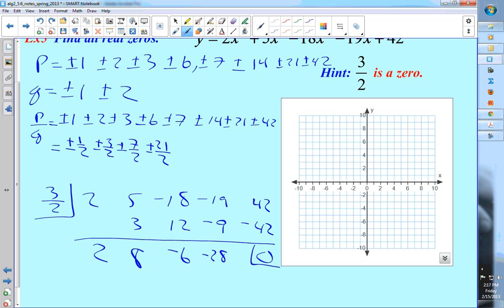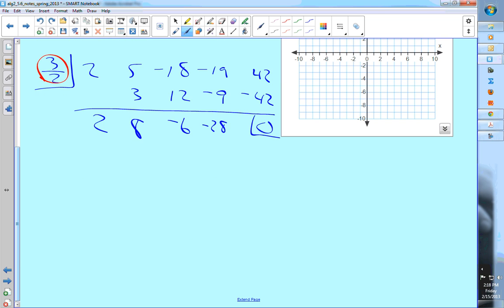Here's the key. Okay? We know that positive 3 halves was a keeper. This is one of your zeros. Do not try your other P over Q's back in the original problem. You want to synthetically divide those into the quotient and get a 0 here.